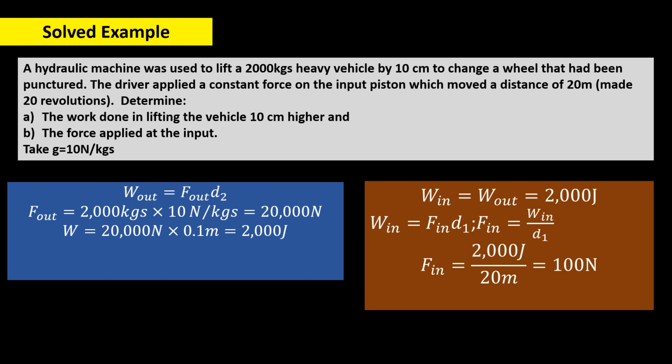But force at the input is equal to work done at the input divided by distance moved by the input piston, which is 20 meters. So the force applied at the input is equal to 100 newtons.